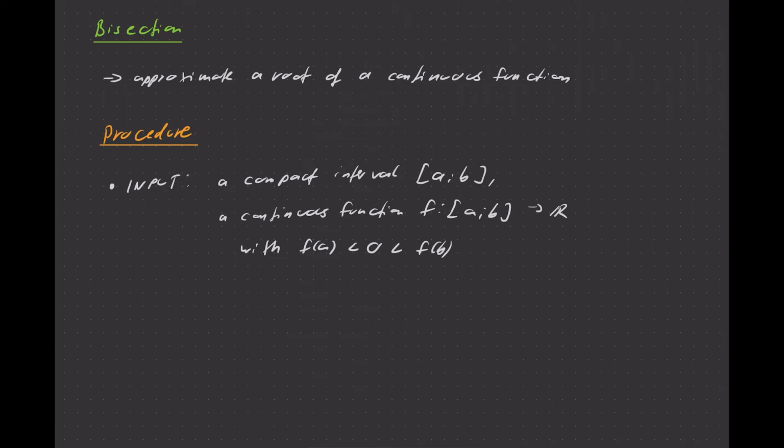So the function actually has a root. Okay, so the consequence of this is f has a root, let's call that x*, with f(x*) = 0 in the interval [a, b].